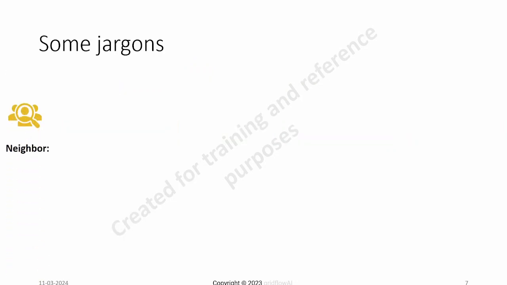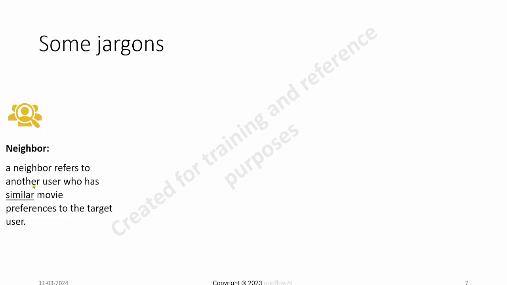Let's talk about some jargon that we use in KNN. Neighbors refers to another user who has similar movie preferences. In the case of a dataset, take one row versus another row, and if the distance between those two rows is very small or the least, then we call those two rows neighbors. Another term that we use for neighbor is distance.